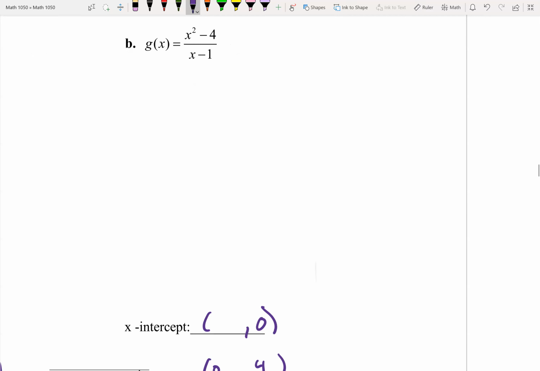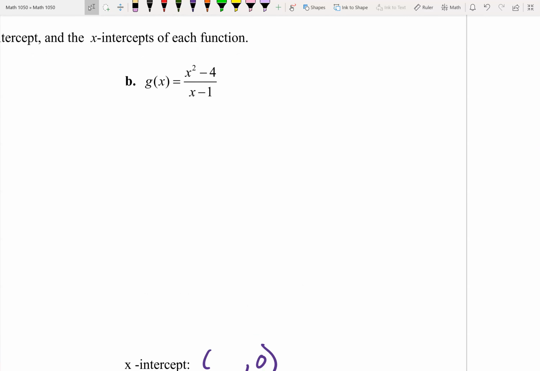To find the x-intercept, you let y be a 0, which is the same as letting the blank be a 0, fill in the blank. Top. So everybody go x squared minus 4 equals 0. I'm going to factor x minus 2 and x plus 2.